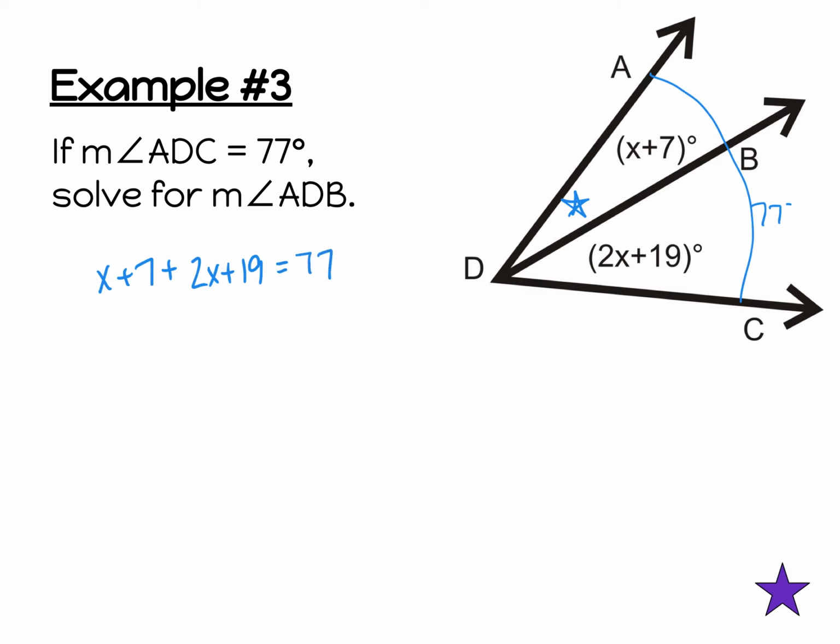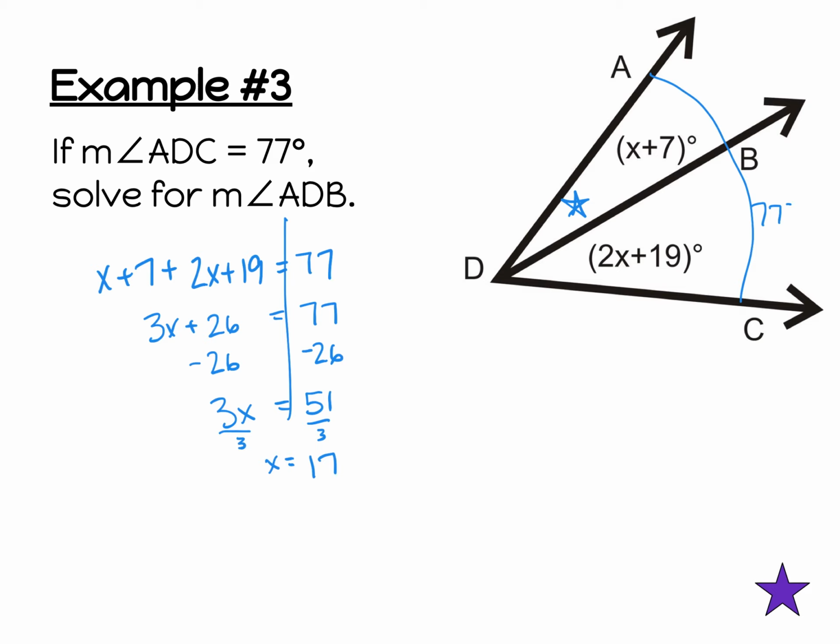So let's combine our like terms. So I have 3x plus 26 equals 77. I can now subtract 26 from both sides. So I have 3x equals 51. When I divide by 3, I get x equals 17. Okay, but we're not done yet.